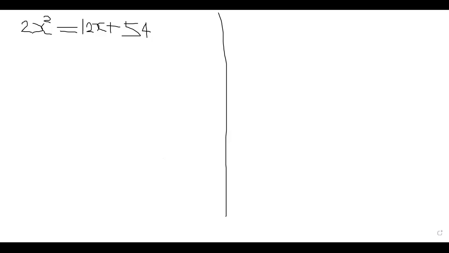Yeah, you are very correct. So when you take them in, that will be 2x squared minus 12x minus 54 equals 0. Am I right?